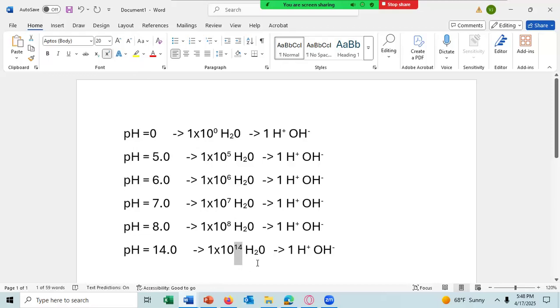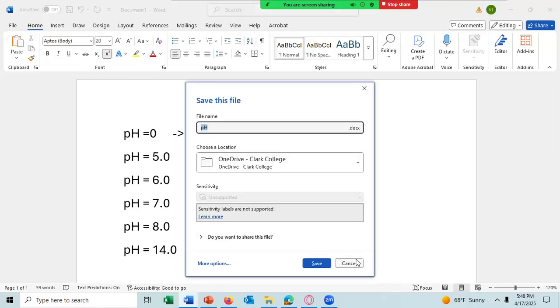You have a lot of water molecules, but you only have one H plus in solution for 1 times 10 to the 14th water molecules. So numerically, this doesn't mean terribly much to me. All right. Any question about any of that?